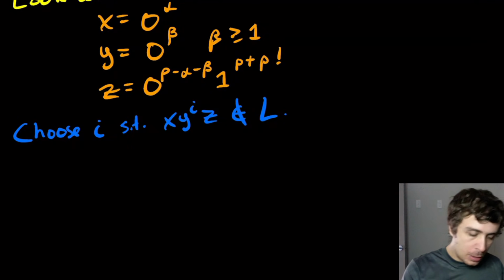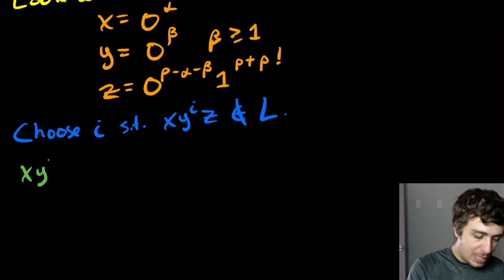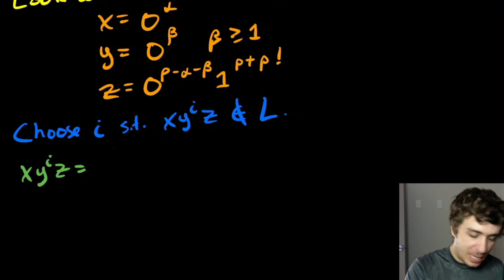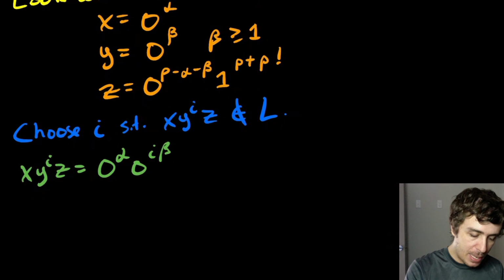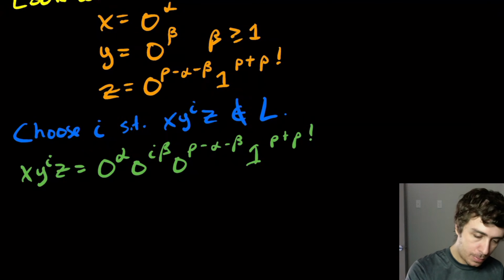So what is x y to the i z? Well, let's just copy down the pieces. We have 0 to the alpha, 0 to the i beta, 0 to the p minus alpha minus beta, 1 to the p plus p factorial.